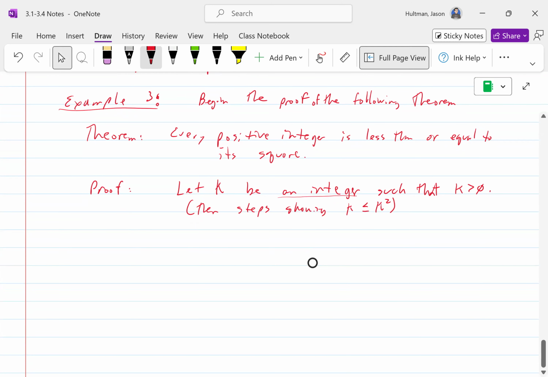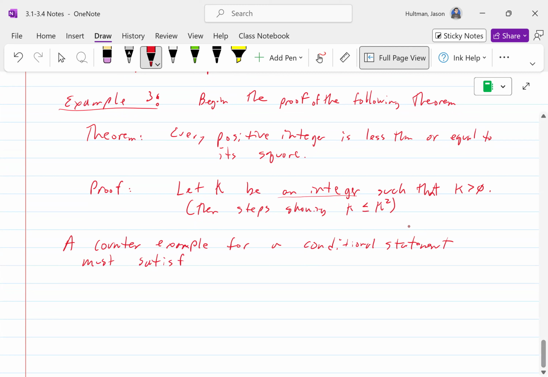Okay, a counterexample for a conditional statement, like an if-then statement, must satisfy all the hypotheses and then contradict the conclusion.